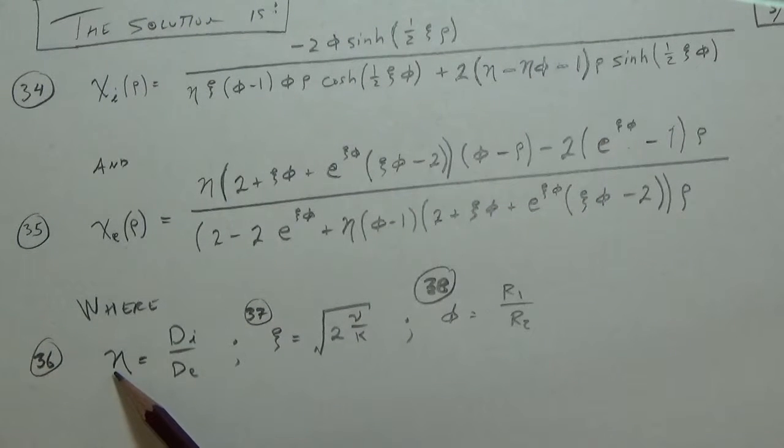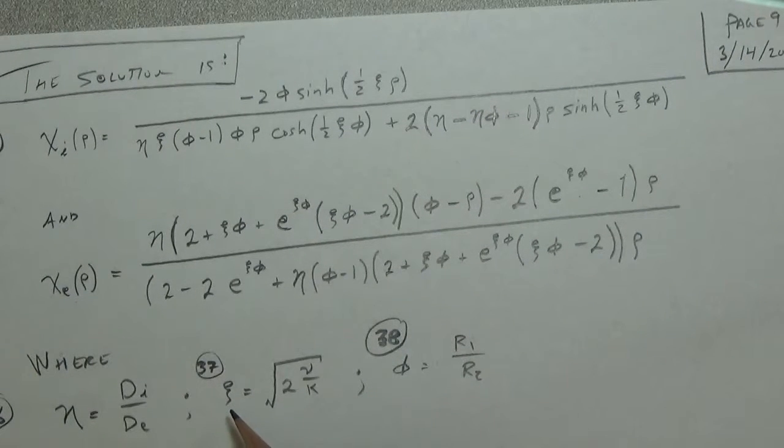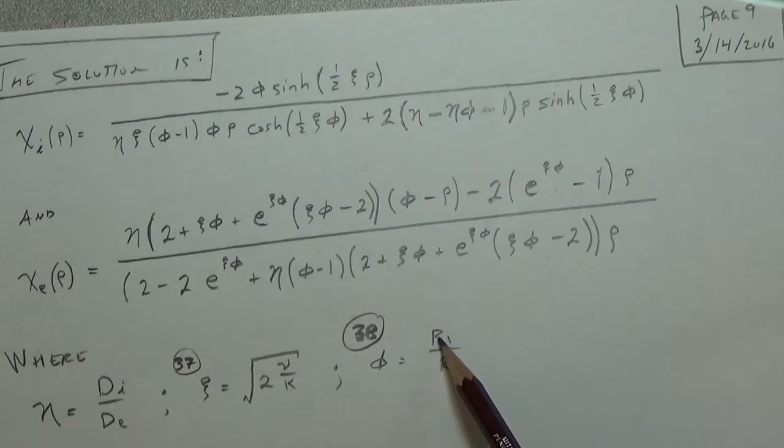So we have a ratio which is the ratio of the diffusion coefficient on the interior divided by the diffusion coefficient on the exterior, which is eta. We've got this psi, which is the square root of 2 nu over kappa, our dimensionless Michaelis-Menten parameters, and then phi, which is the ratio of the radius 1 divided by radius 2.